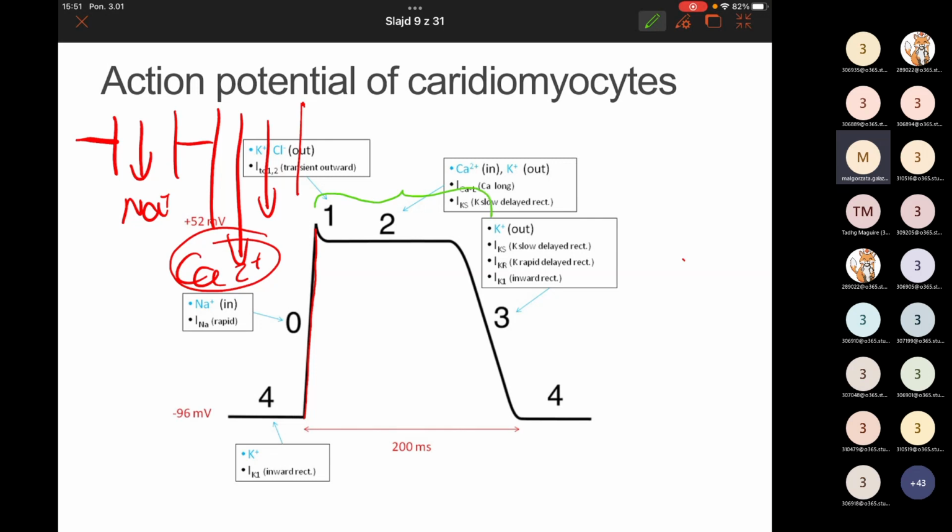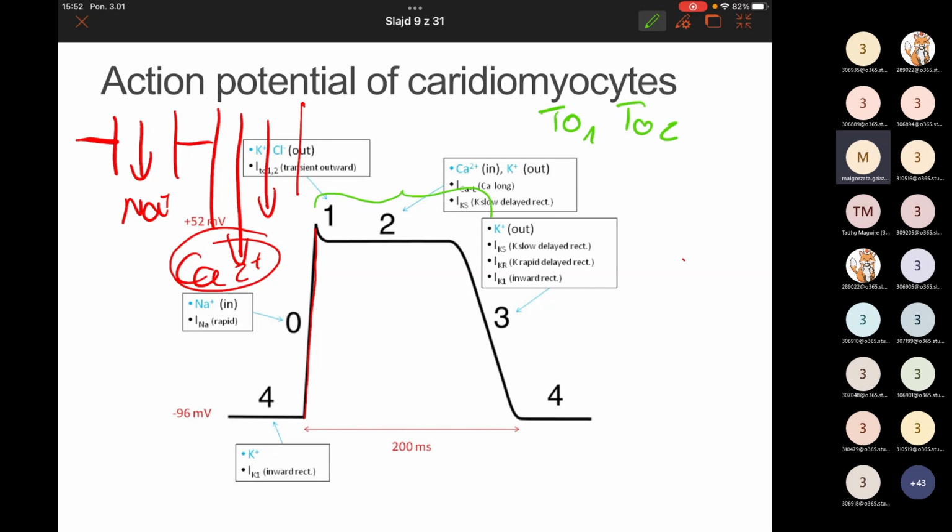Once the membrane potential reaches around 50 millivolts, as I said, the voltage-gated sodium channels close, and we observe the opening of the potassium voltage-gated channels Ito1 and Ito2.